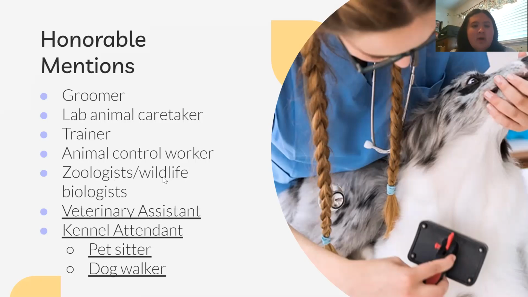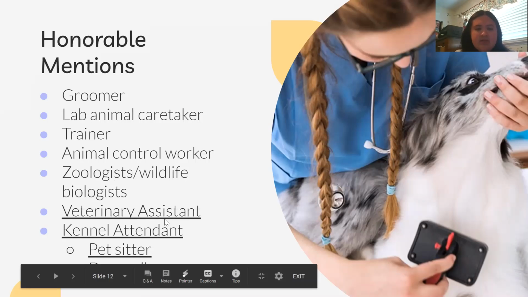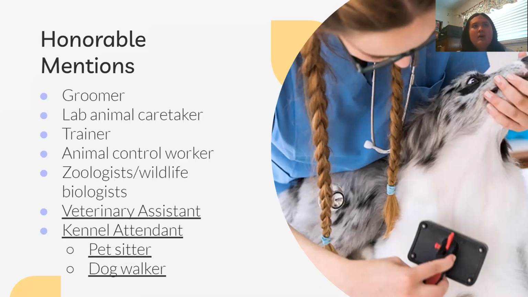There's zoologists and wildlife biologists, so working with wild animals. I think this can include more field work and working in zoos. Veterinary assistant speaks for itself, and kennel assistant, pet sitter, and dog walker. Those are all underlined because it's a good place to start when you want to become a veterinarian.